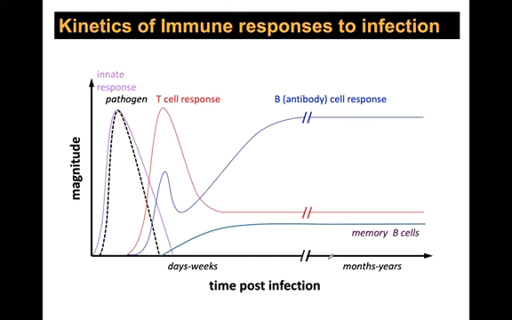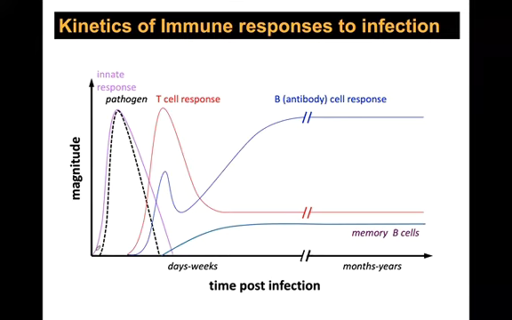And it's useful, I think, to sort of put this in the context of a profile. And so you have basically an innate response to a pathogen, a T cell response, and a B cell response. But those are actually made up of many different parts of a response. And so we're going to take each of those separately.